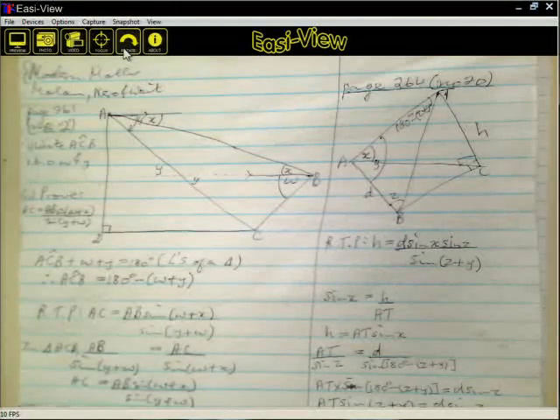Now if you look at the diagram in front of us here, it is said that from point A, the angle of depression to B is x.